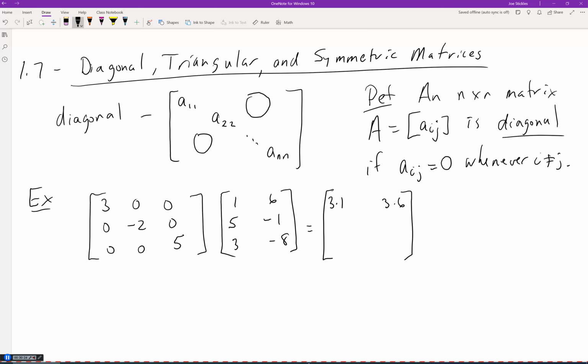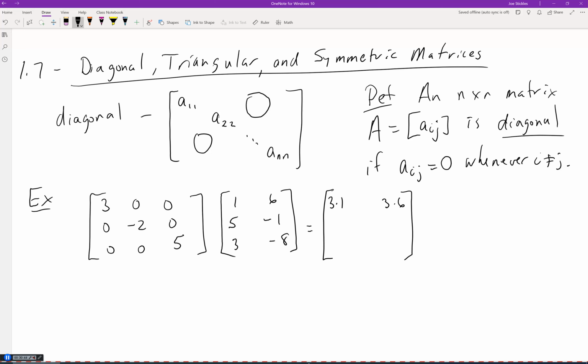You see it? If I had another column here, would the same thing happen? Yeah. So when I've got this first row, this 3, 0, 0, I'm essentially just distributing the 3 across it, right?